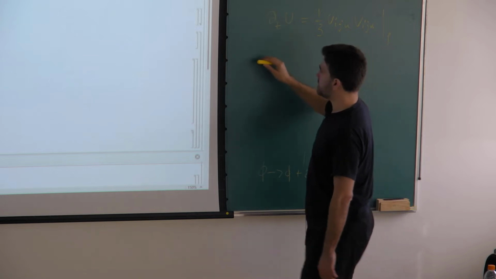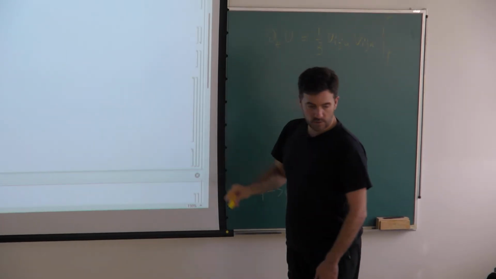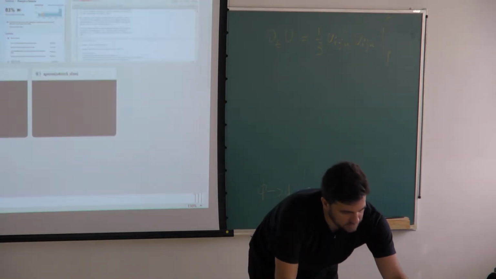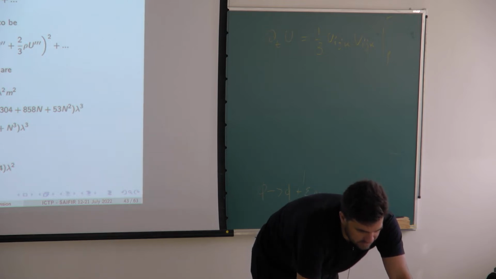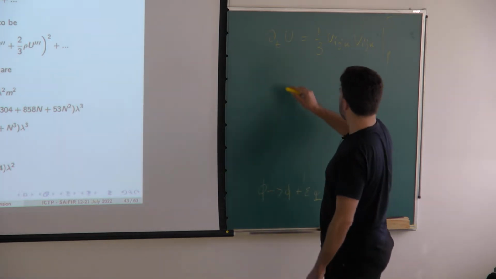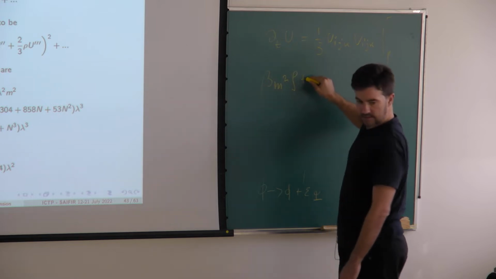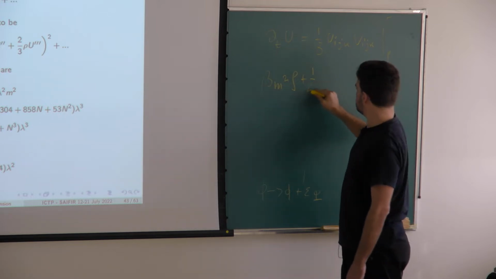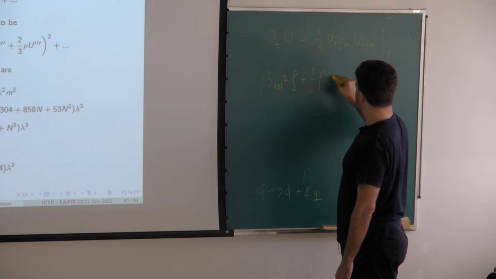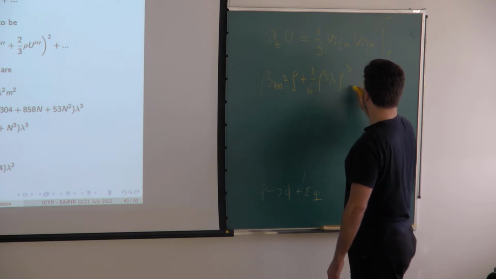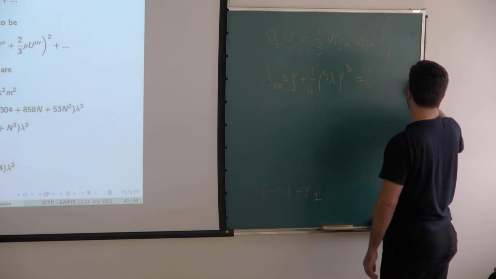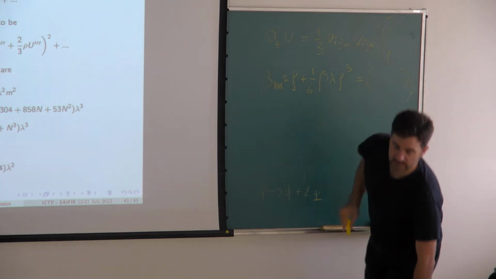So this thing here is, as we wrote our vertex, the derivative of this part here. So it's the beta function of m squared times rho plus 1/6 the beta function of lambda times rho cube, is equal to this expression evaluated in that.